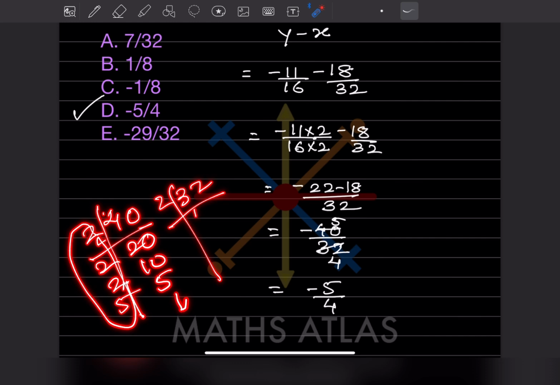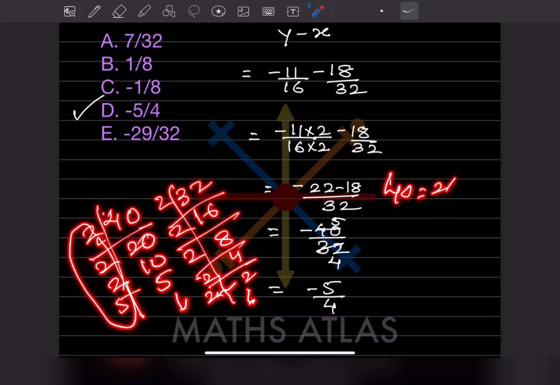So 2 16s are, 2 8s are, 2 4s are, 2 2s are, and 2 1s are. So now what you will see here, 40 will be 2 into 2 into 2 into 5, and 32 is 2 five times.